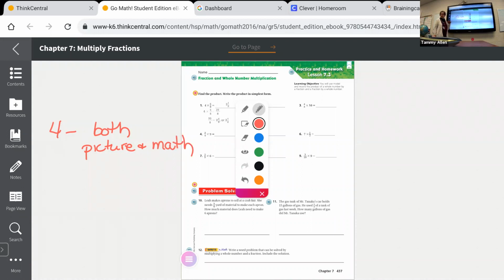Does that make sense? And then the others are going to have like 3 times 3/4. So you're going to have 3 over 1 times 3/4 equals 9 over 4 equals whatever, right? Okay? That's what the others are going to have, right? Yes? So that's what the others are going to have.